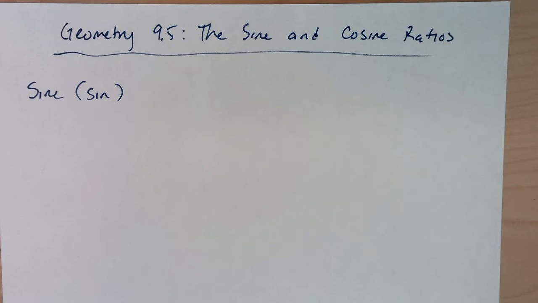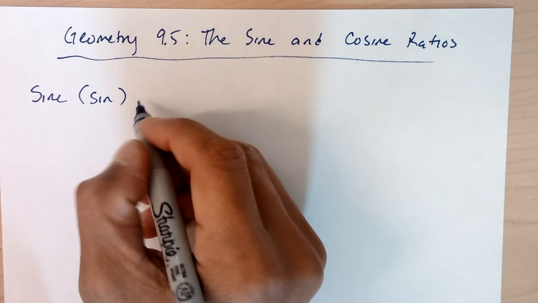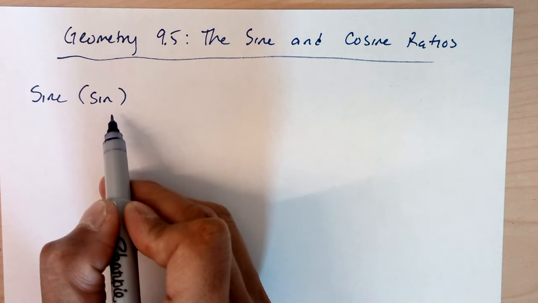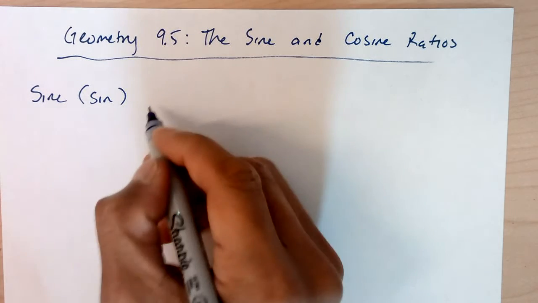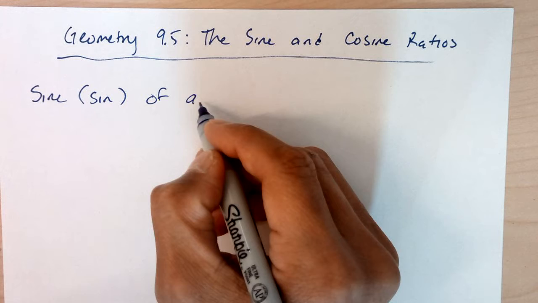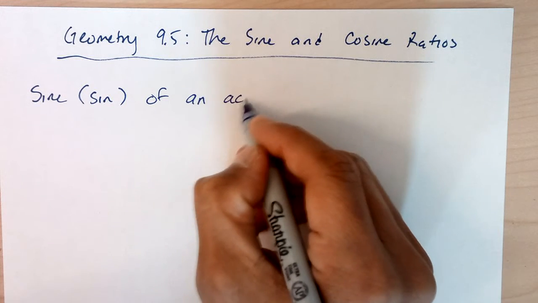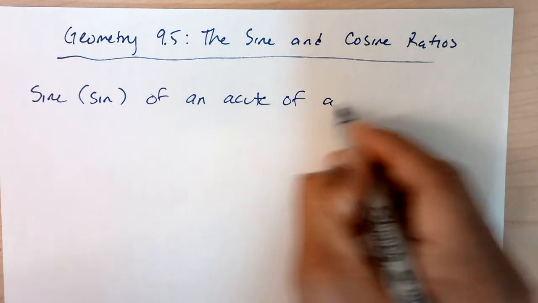First of all, the sine of an angle, similar to the tangent of an angle, you would take the sine of one of the acute angles of your right triangle. So it's the sine, or from here on out, we'll just abbreviate it sin, but you take that of an acute angle of a right triangle.